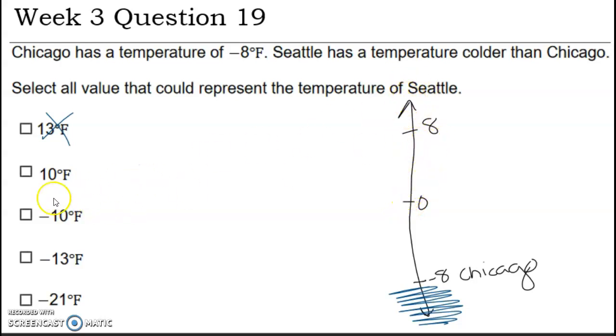That's not lower. What about -10? If I'm at 0, I have to go down 1, 2, 3, 4, 5, 6, 7, 8, and 2 more. This is definitely colder than -8. The same thing, -13 would be farther down, and -21 would be even farther down. Whenever you see select all, it means there's more than one answer.